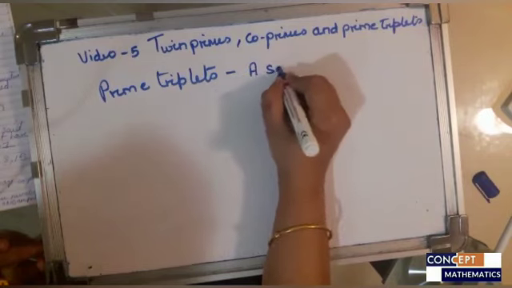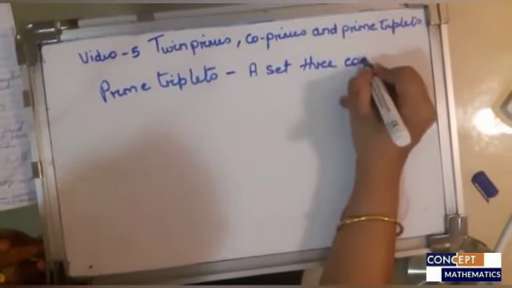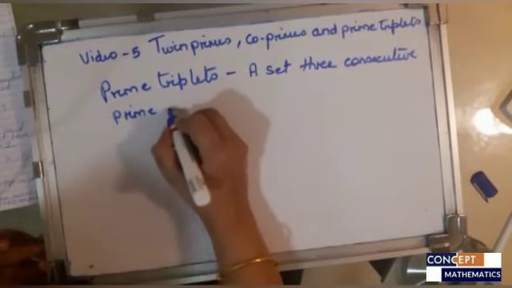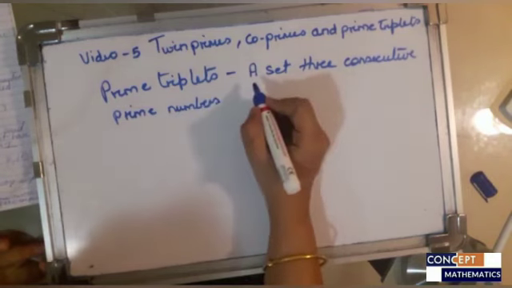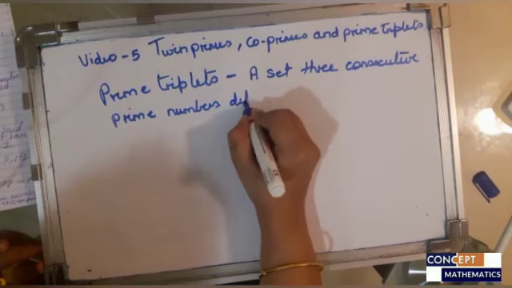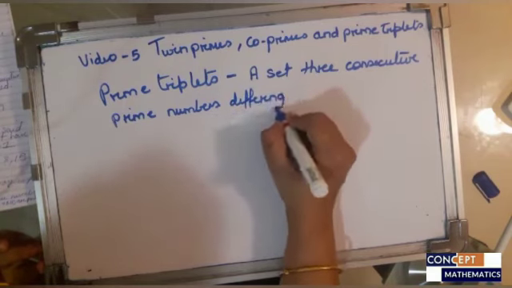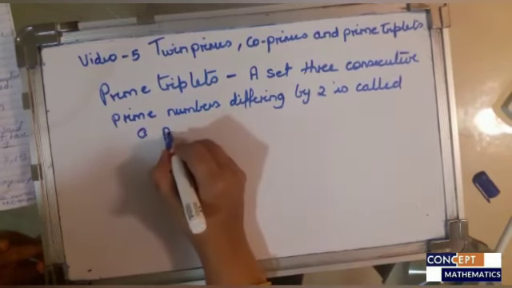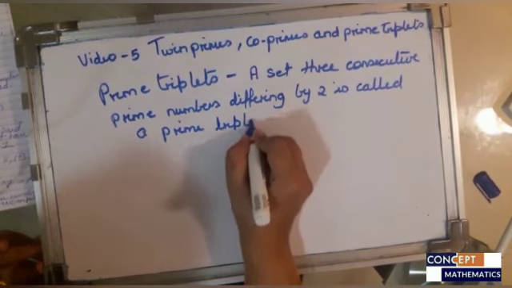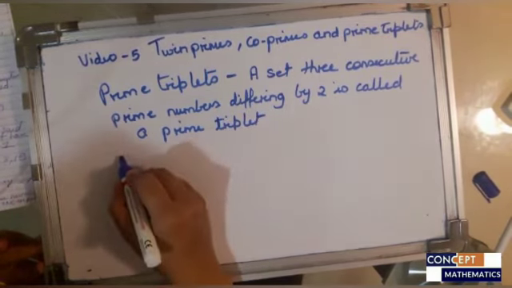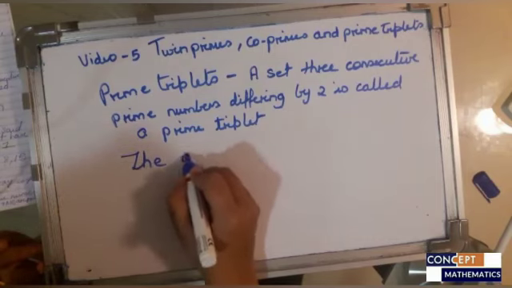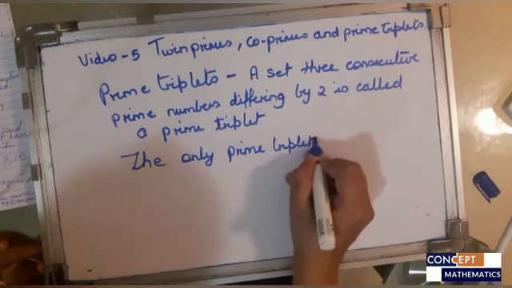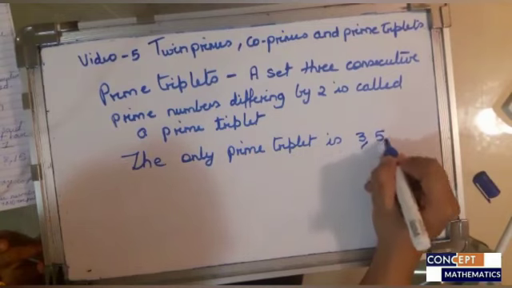A set of 3 consecutive prime numbers differing by 2 is called a prime triplet, and there is only one. The only prime triplet is 3, 5, 7.